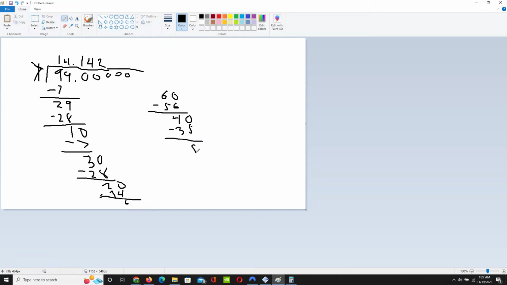5. We add another 0, drop it down. How many times can 7 go into 50? That'll be 7. 49. That'll give us a 1. We can add another 0 and we drop it down to 10, but you notice we already came across 10.